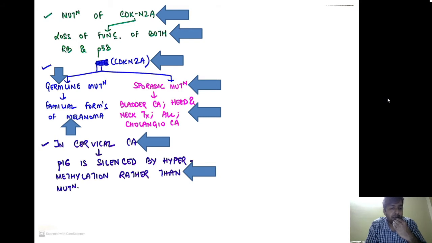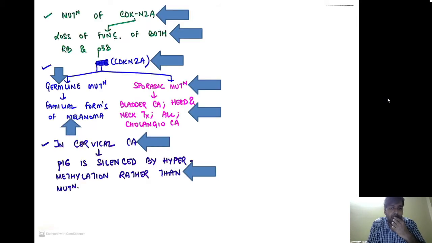And if you have read the first chapter, you will remember that hypermethylation is one of the forms of epigenetic changes. So remember that CDKN2A, if it is a germline mutation, meaning it is inherited from the parents, it will lead to familial form of melanoma. Or if it suffers from somatic mutation, then it is going to lead to bladder, head and neck, ALL and cholangiocarcinoma.